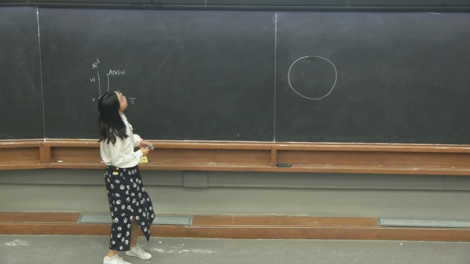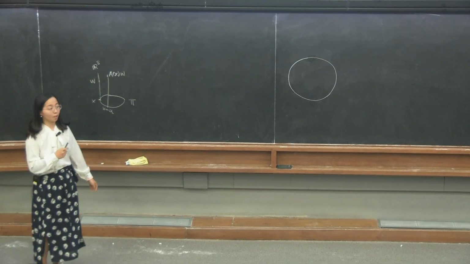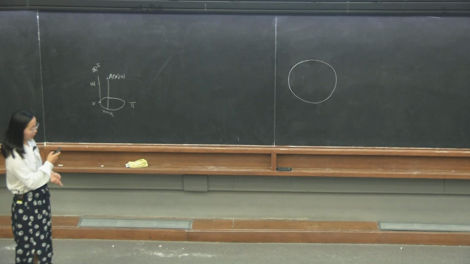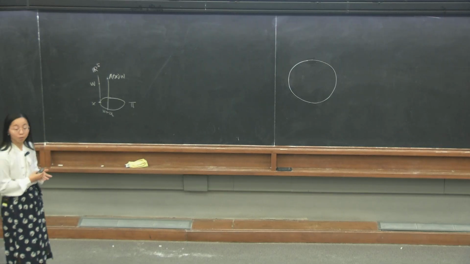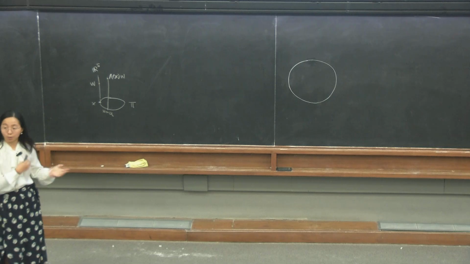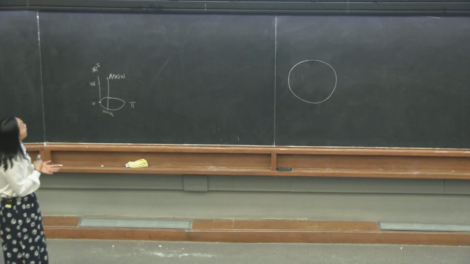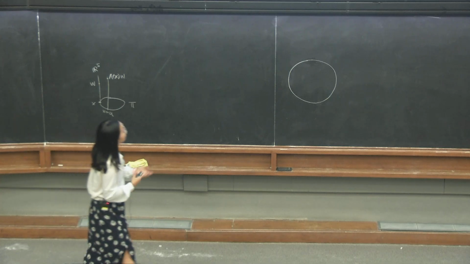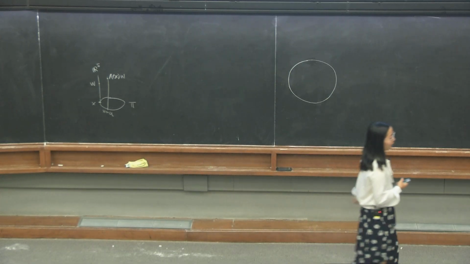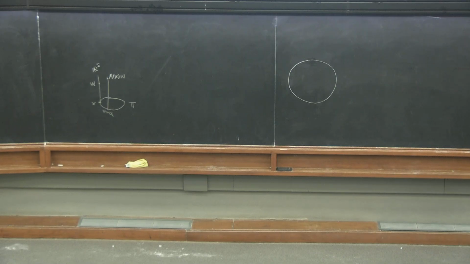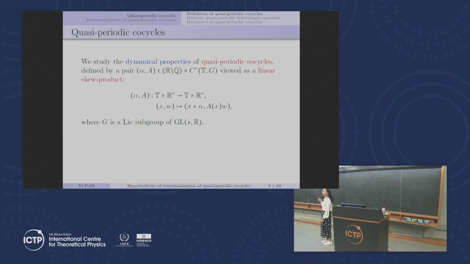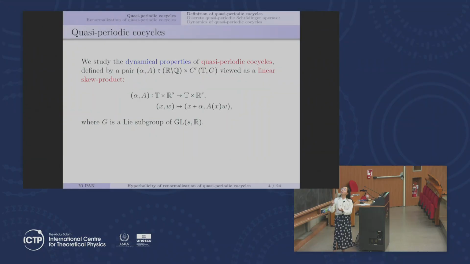On Tuesday's talk, Zaha already introduced linear cocycles with a shift base. And there are also people working with hyperbolic or partially hyperbolic bases. Here, this irrational rotation is where the name quasi-periodic comes from.